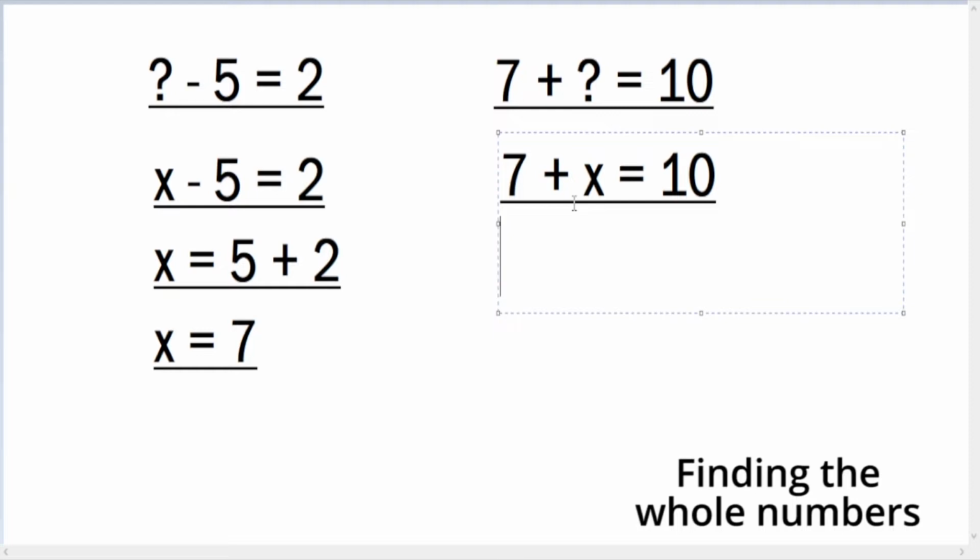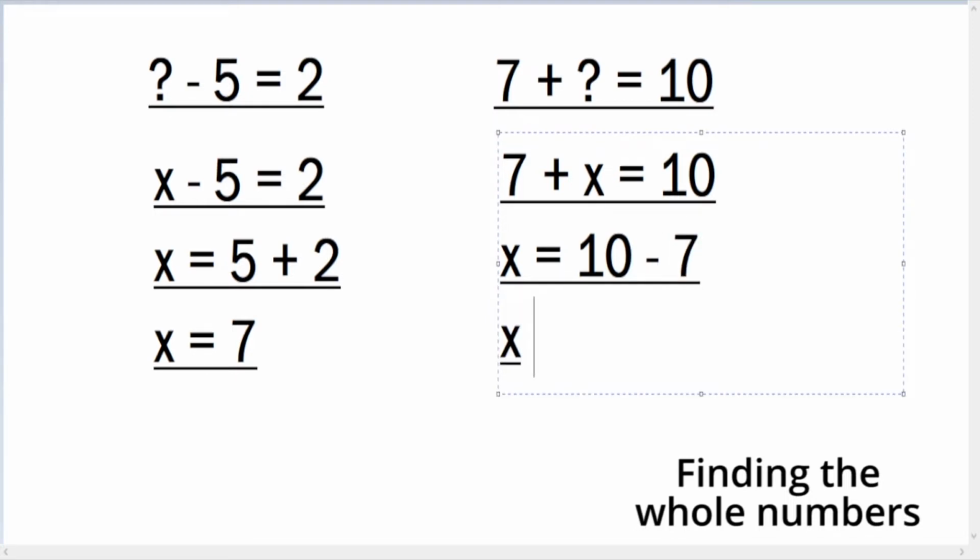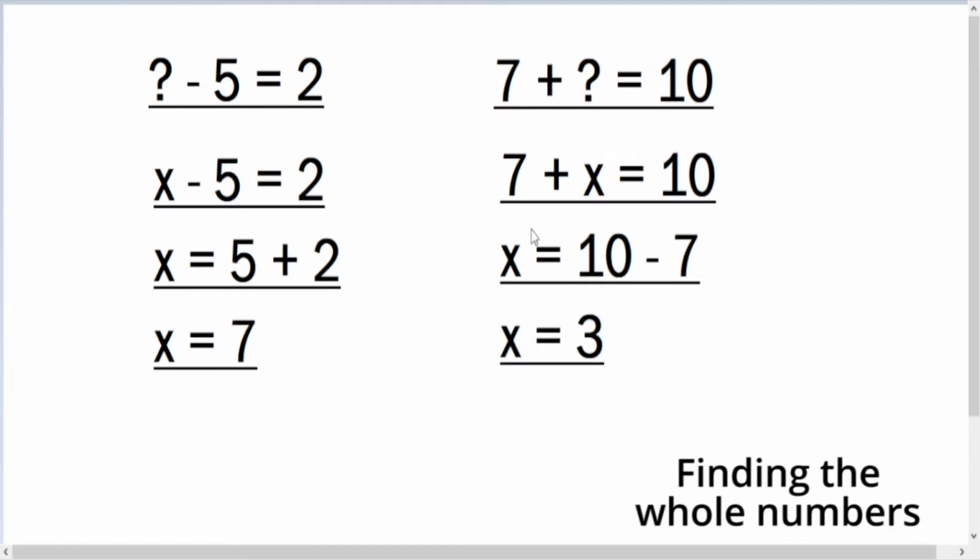So x equals 10 minus 7, same as the first one, and you'll get the final answer, 3. Okay, so you're done with whole numbers.